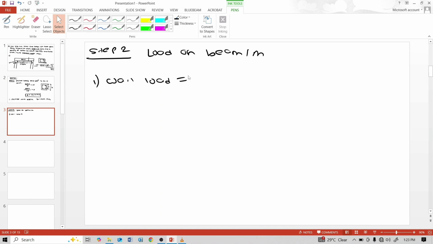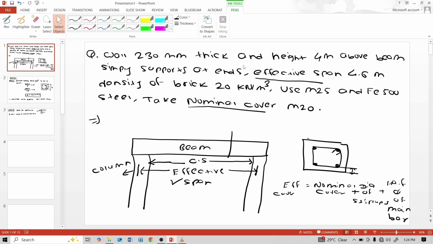So 230 mm I write in meter, 0.23 meter into height 4 meter into 20, the density of wall, 20 kilonewton per meter cube.